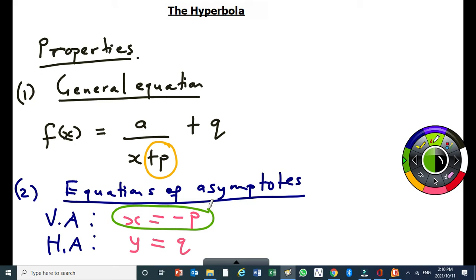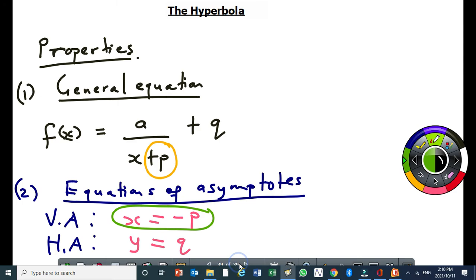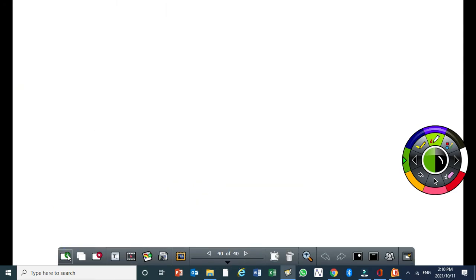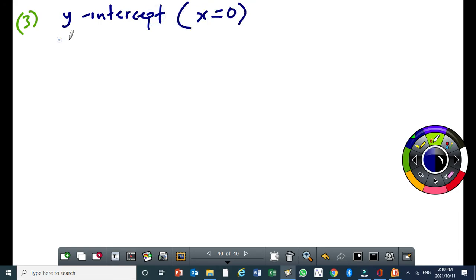Let's move on to the x and y intercept. Number 3, x and y intercept. Let me start with the y-intercept. You get this when x is 0.